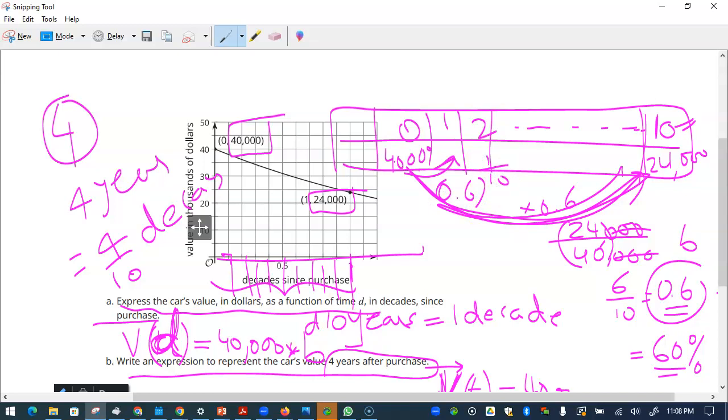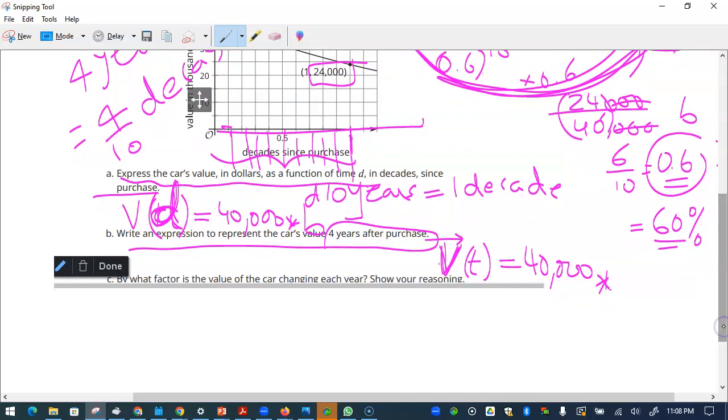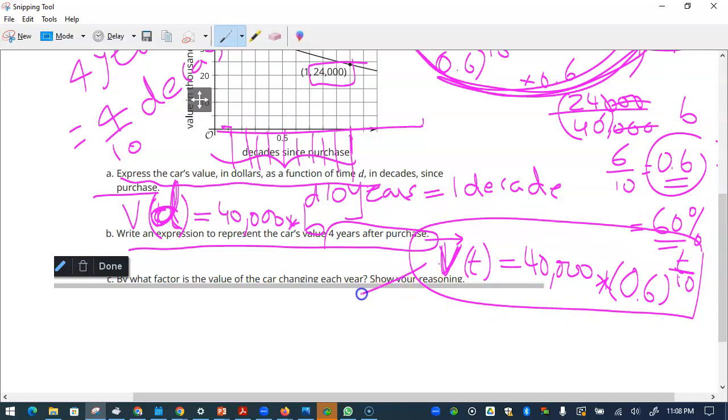So the new factor is 0.6 raised to t over 10. You have to divide by 10 years for every decade. So this is the formula when you are writing in terms of years, and this is the formula if you are writing in decades.